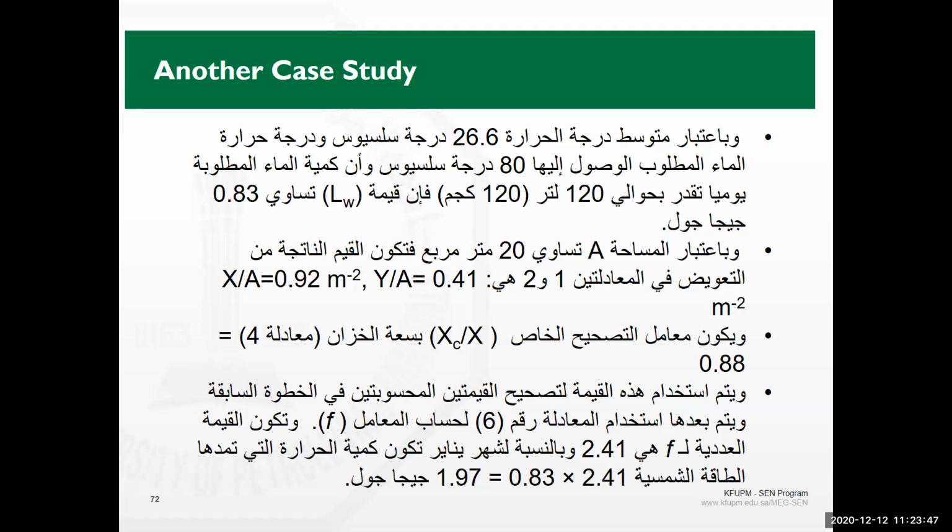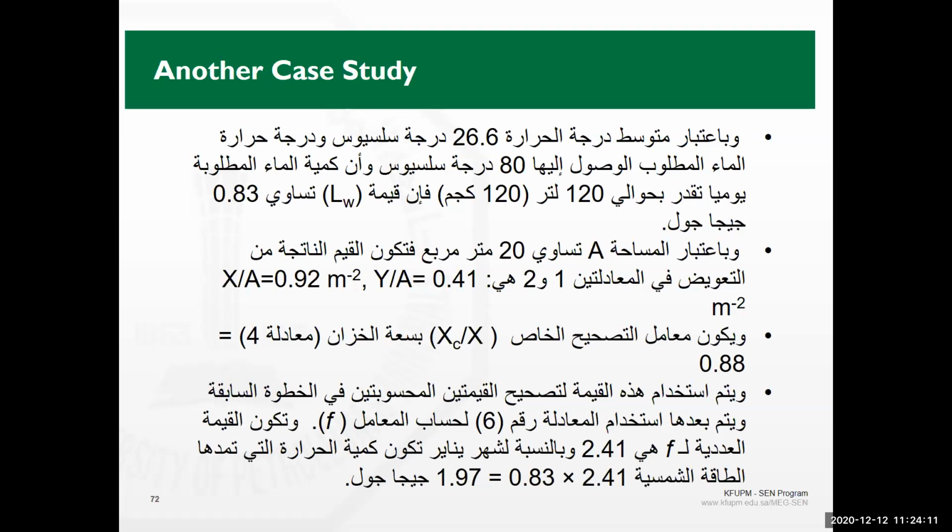Then this value is considered for the corrections of the solar energy that is needed in January. And at the end, what we did is multiply the correction value, or the F value that we have, by the load of this month, and then you can get how much energy is given by the solar energy for this month.